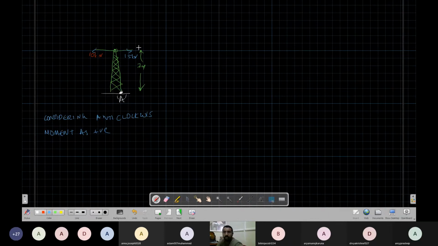Now, what about this case? What is the moment about A? Now we have two forces. There is one force here, this is 15 kilonewton. Let's say somewhere here is the point A. Then another force is 10 kilonewton.